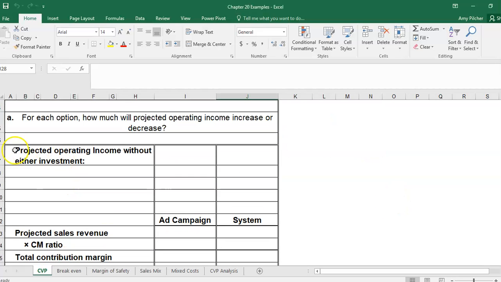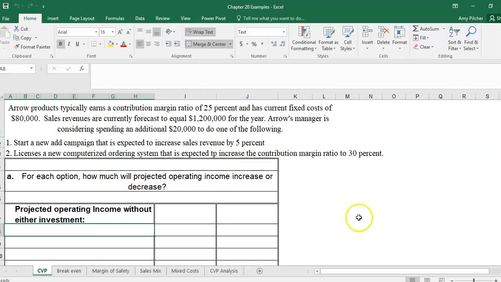First, we're going to look at what is our projected operating income without either investment. So operating income is sales minus variable costs minus fixed costs. We haven't been given our variable costs, but we have been given our contribution margin ratio, which is sales minus variable costs.